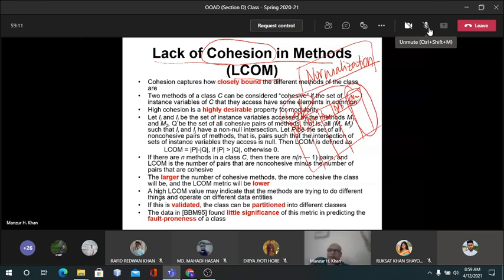So the idea was inside a component or inside this table, only those elements should remain which work together, which relate to the same item. So only student-relevant items should be in the student table. That's a concept of cohesion as well.